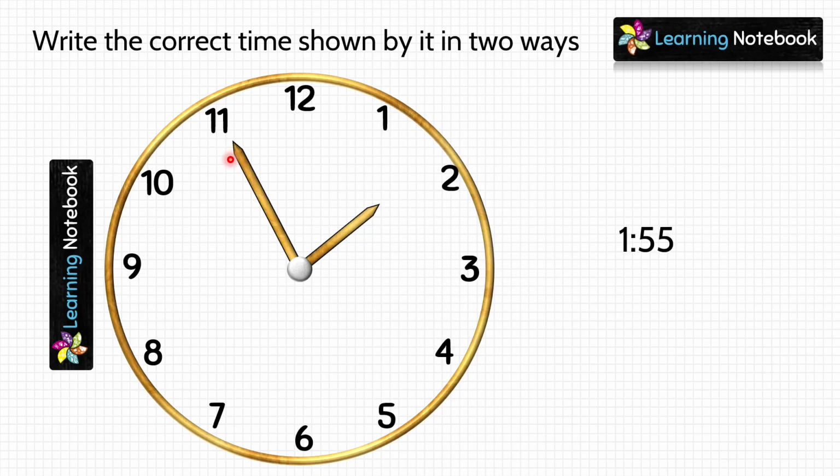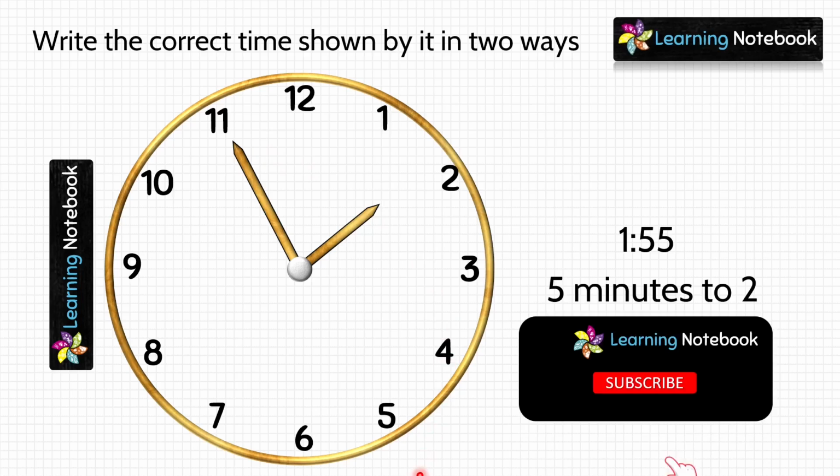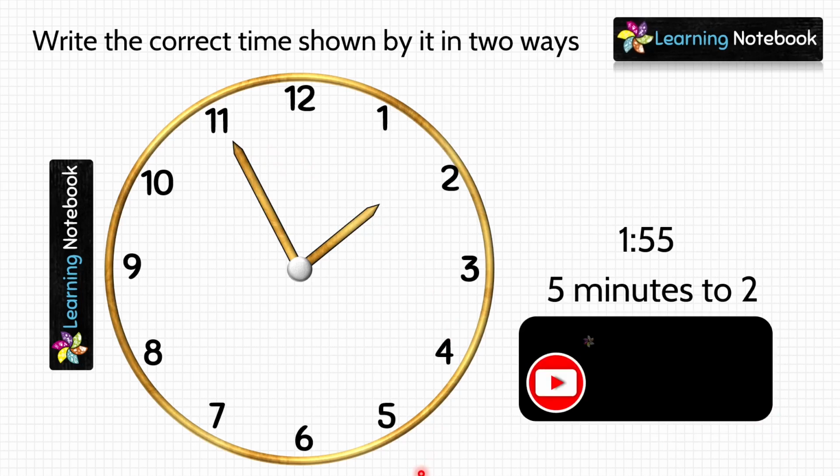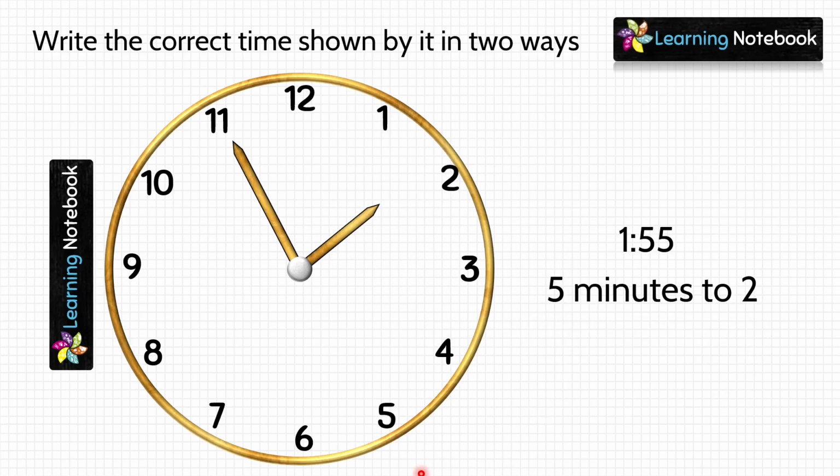So we say time is 1:55. Now students, how many minutes are remaining to next hour, which is 2? Only 5 minutes are remaining. So we will read this time as 5 minutes to 2. So in this way we have read this time in two ways.